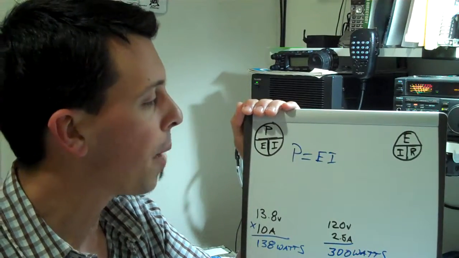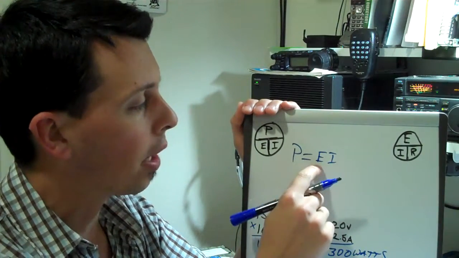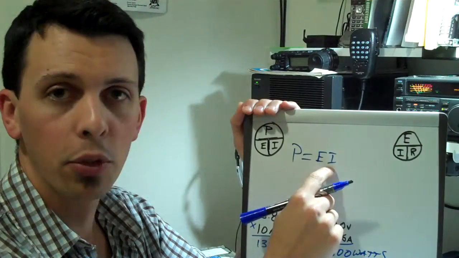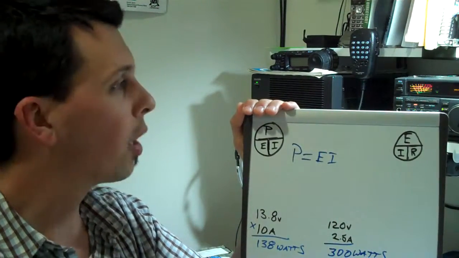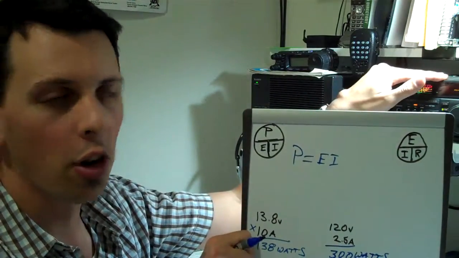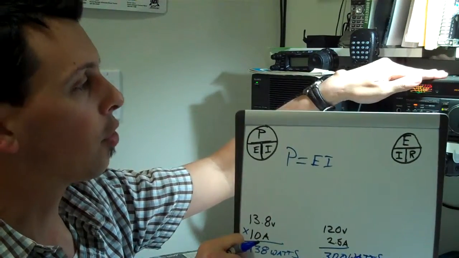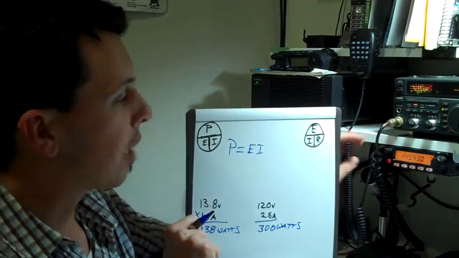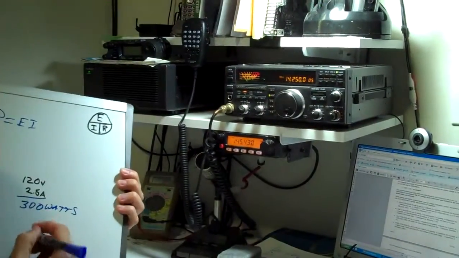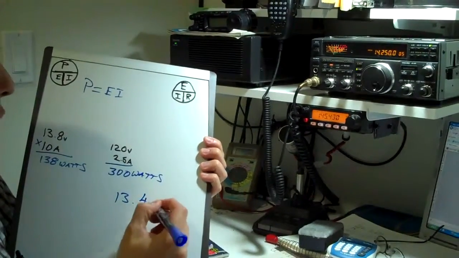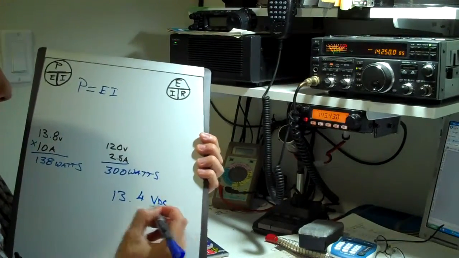How would we find total power? Well, power equals voltage times current. So if we can figure out the voltage and the current, we can figure out how much power our transceiver is drawing. For a better example, let's actually use this little mobile radio. Let's say it's drawing 13.4 volts DC.